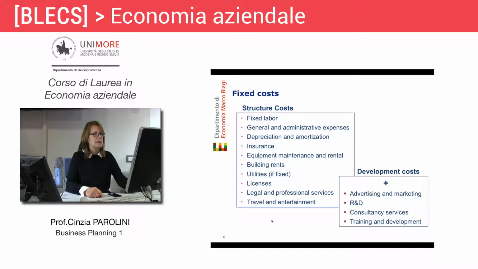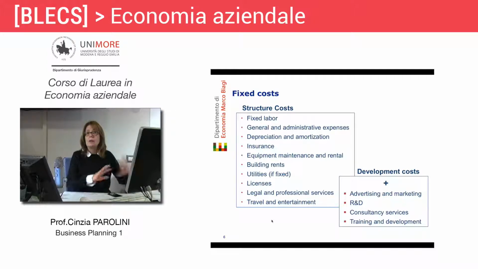Other fixed costs linked to capacity are insurance, equipment maintenance and rental, building rents, utilities, if fixed, electricity for example, licenses, legal and professional services, travel and entertainment. Examples of development costs are, on the other side, given by advertising, marketing, research and development, consultancy services, training and development.